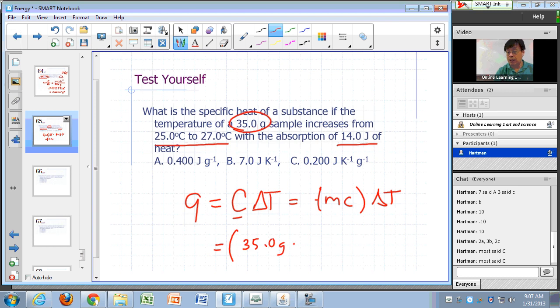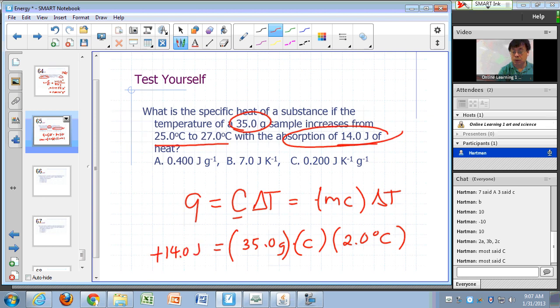What's our specific heat? Unknown, we don't know the specific heat. What's our delta T? 2.0 degrees Celsius. And what's our Q? Absorption of 14 joules, so that's positive 14.0 joules.